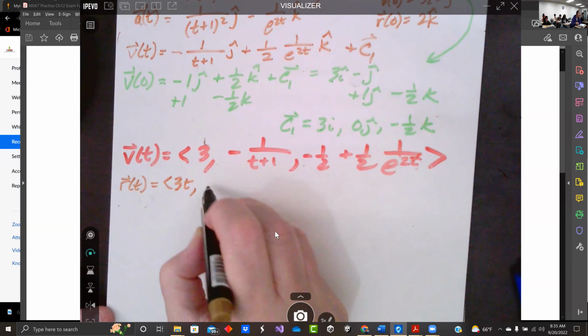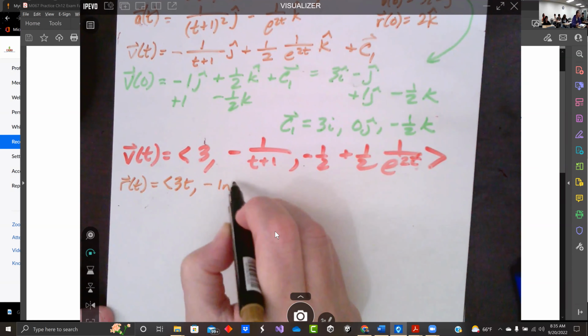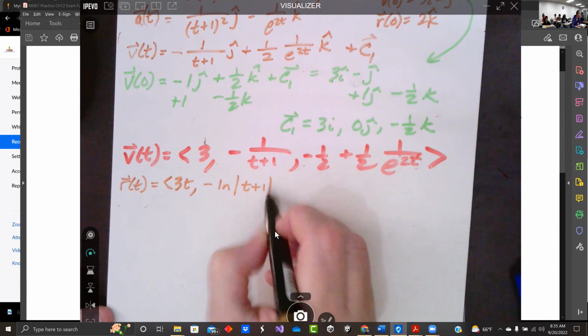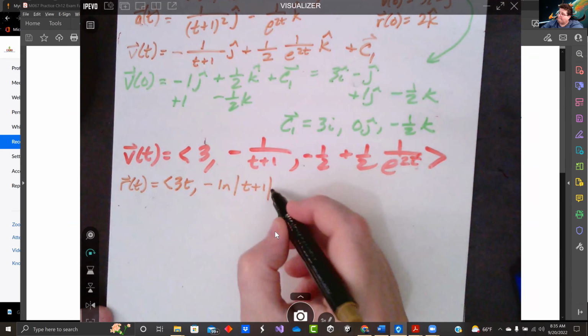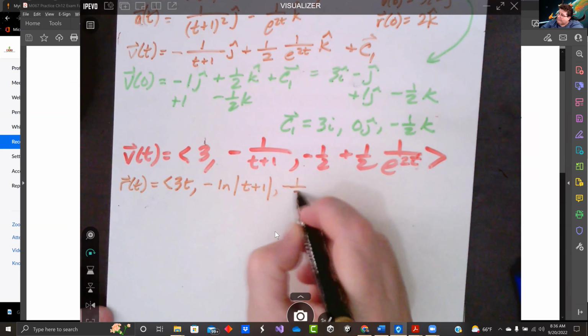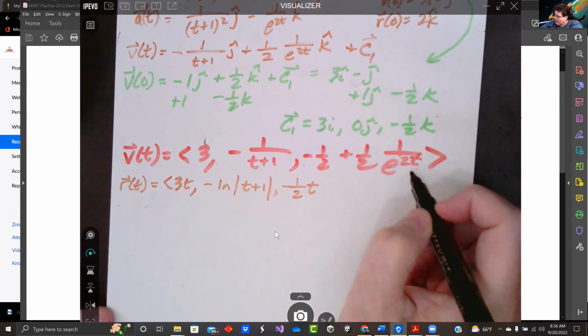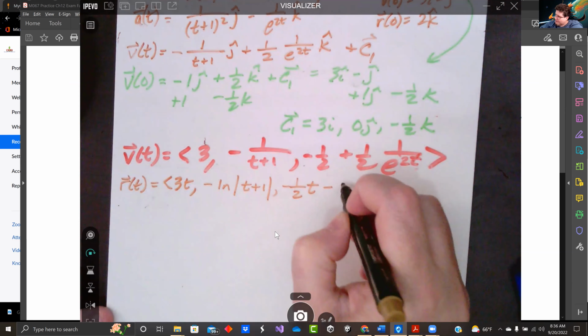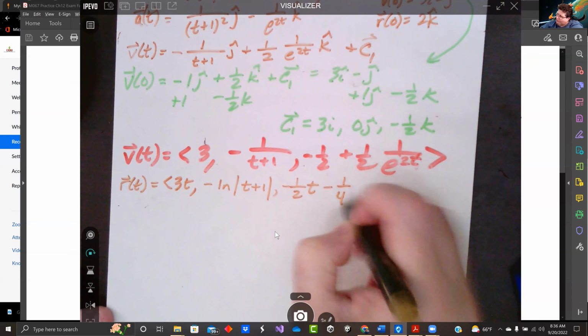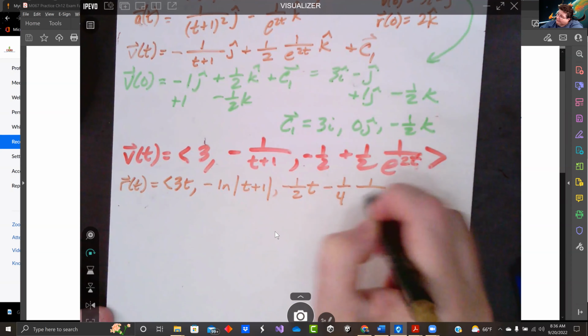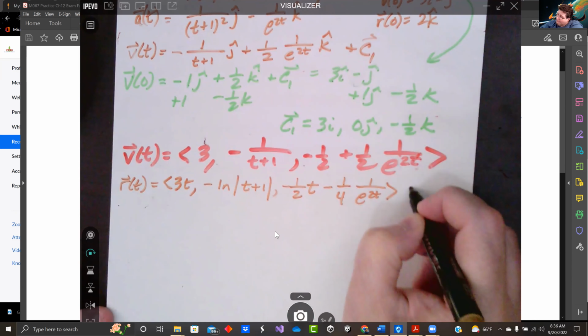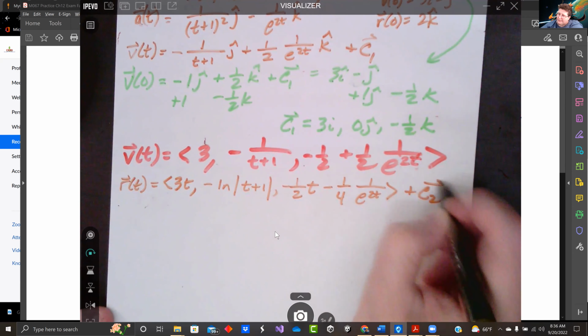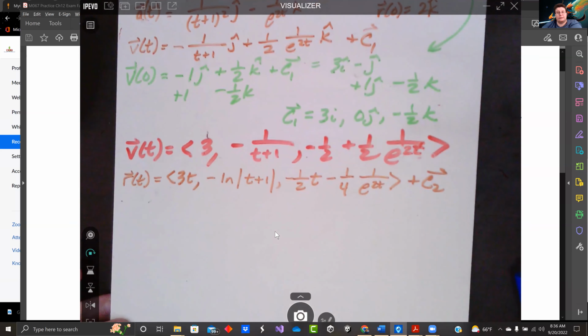Negative log of t plus 1, absolute value. We do this again. This should go to a -1/4, 1/e to the 2t. And we have another constant vector from integration. Almost done there.